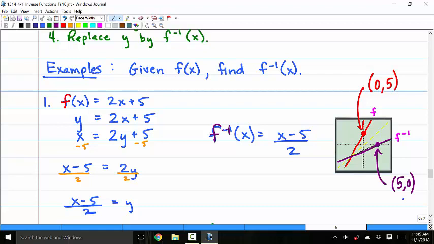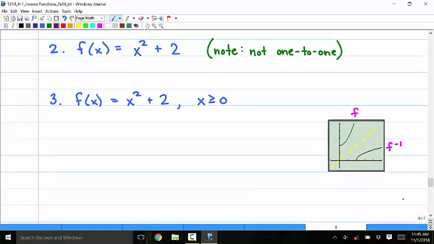Let's go do another one. How about x squared plus 2? What does the graph of that look like, first of all? Looks like that, yes? Does that pass the horizontal line test? No. So it's not one-to-one.